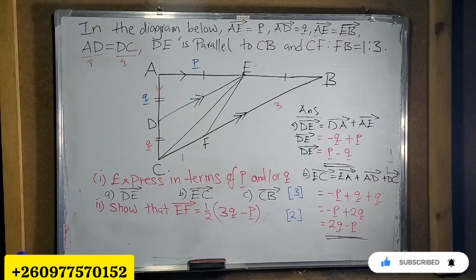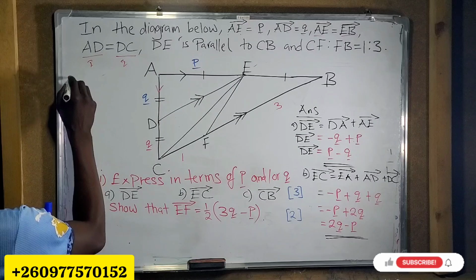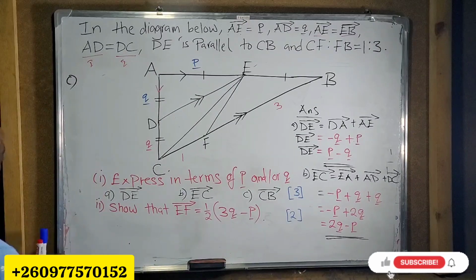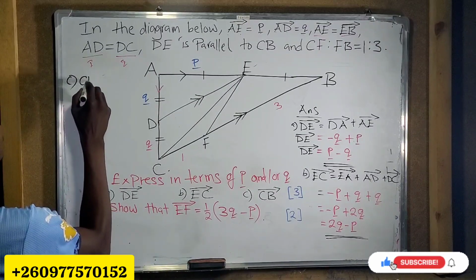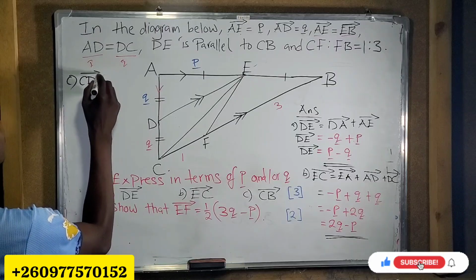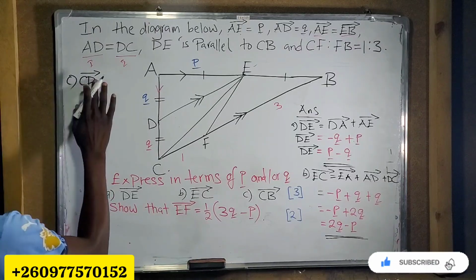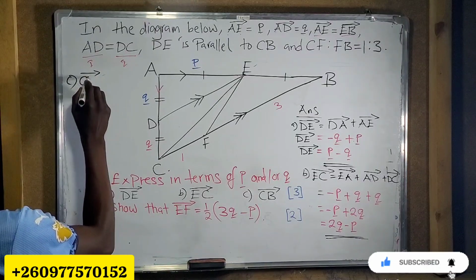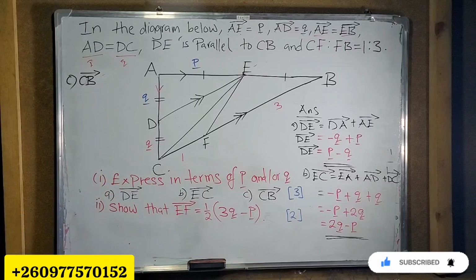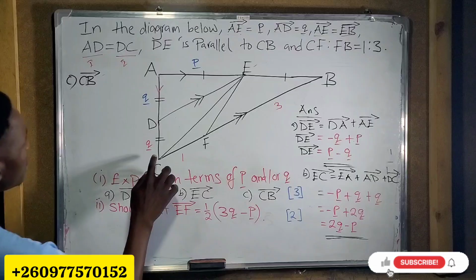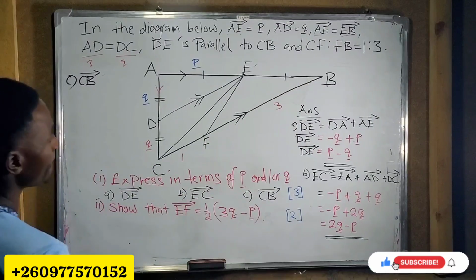I'll solve question C from here. We're told to solve vector CB or CD. Okay, CB. Where is C? C is here and B is there.